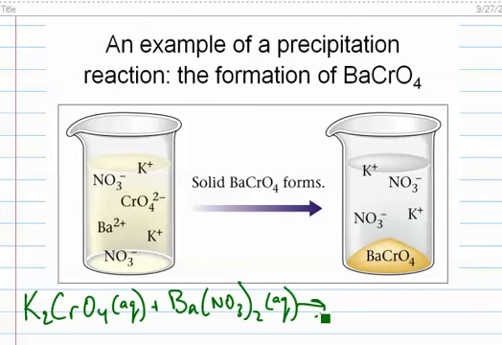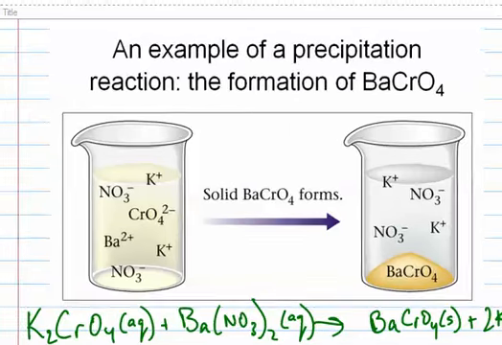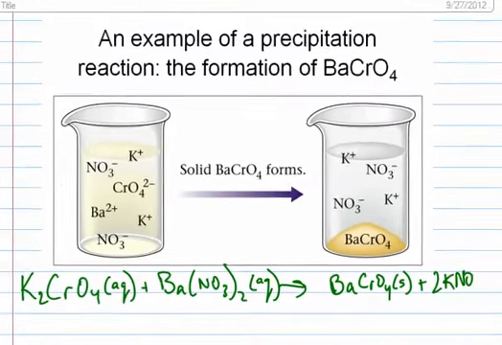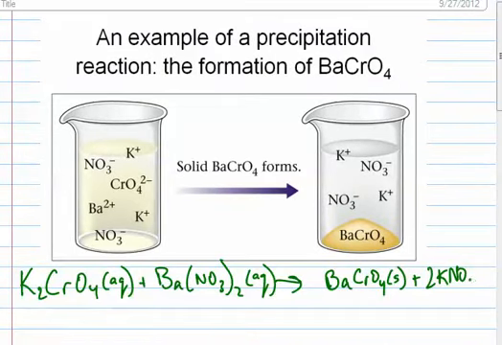And this goes on to produce the precipitate of barium chromate, which is a solid, and aqueous potassium nitrate.